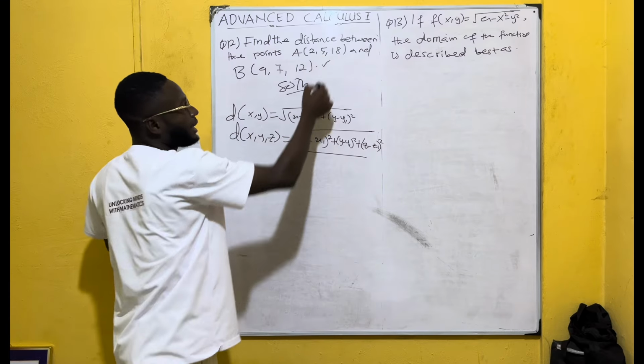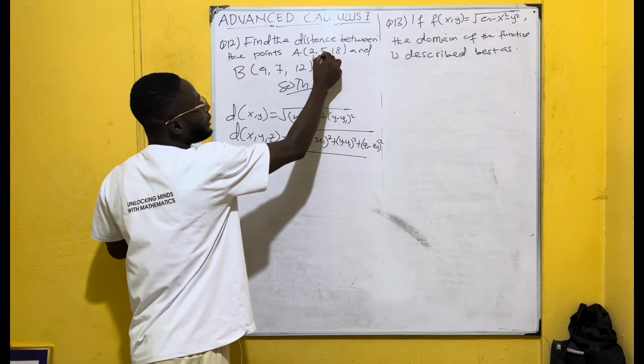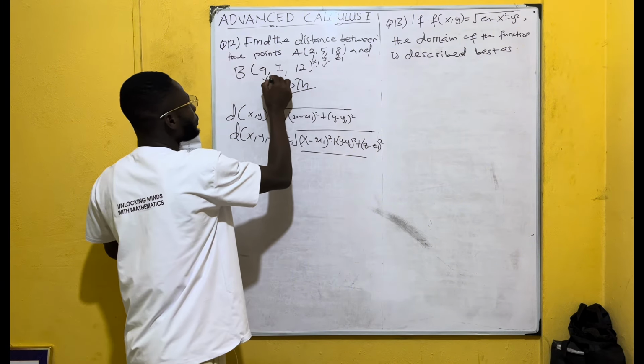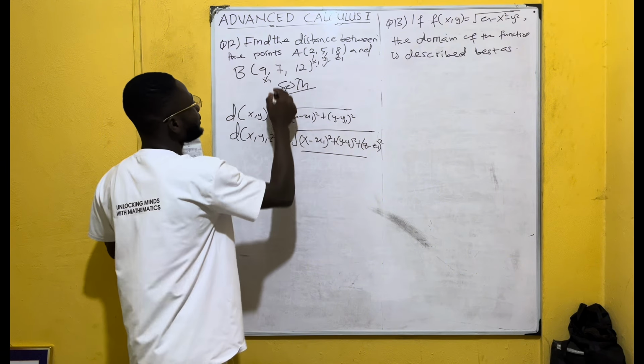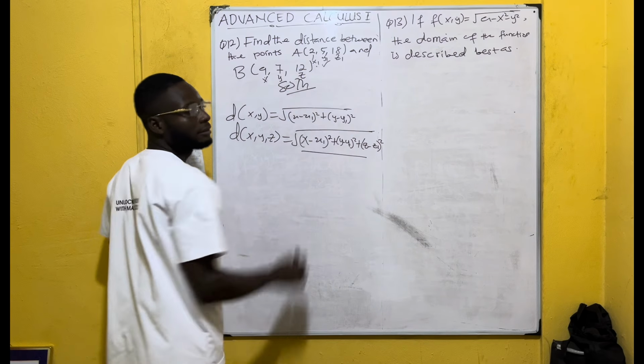So we are going to apply that to this particular problem. In here, this is x1, this is y1, this is z1, this is x2, which we call x, and then we have y and z.